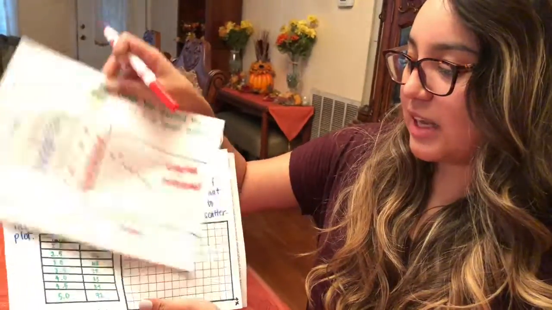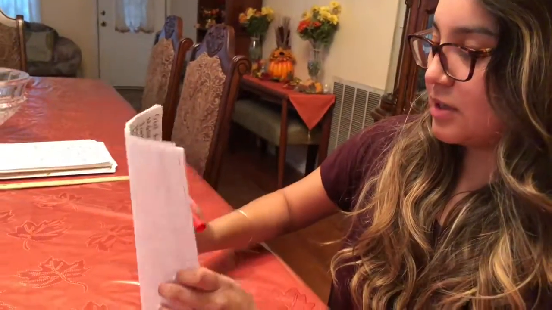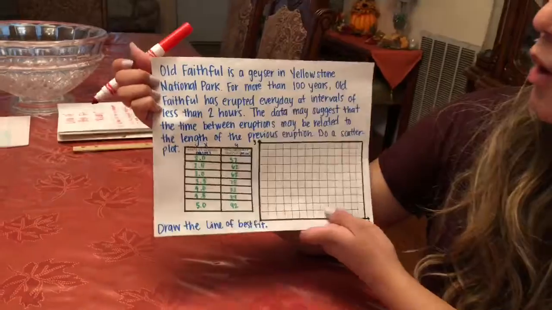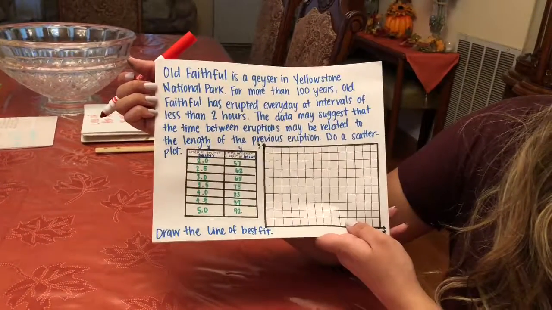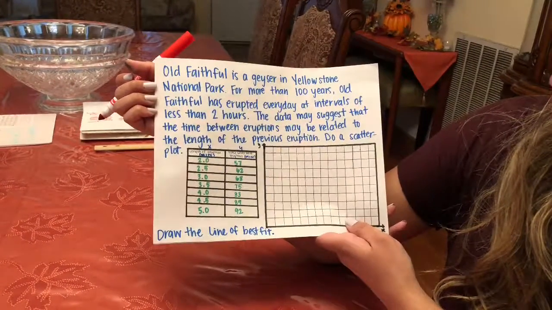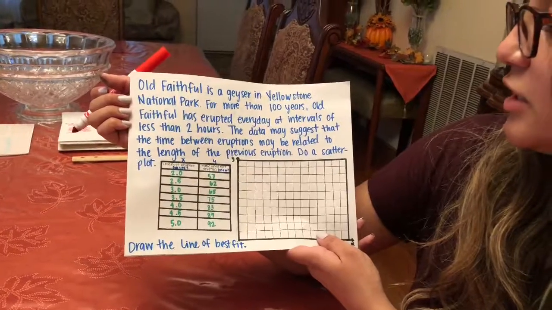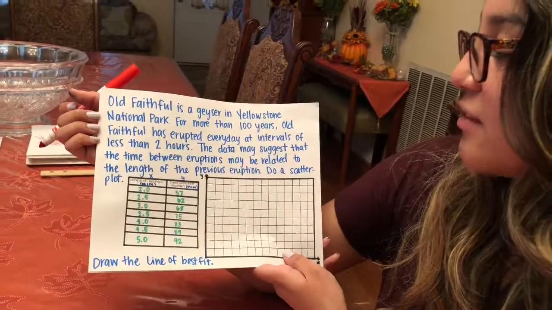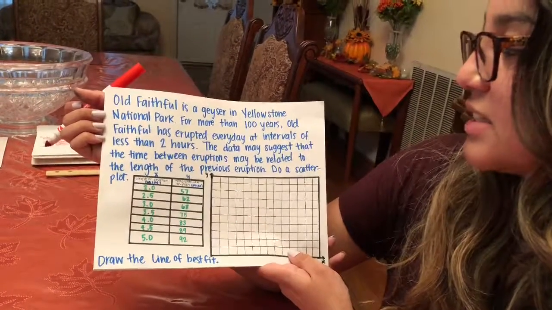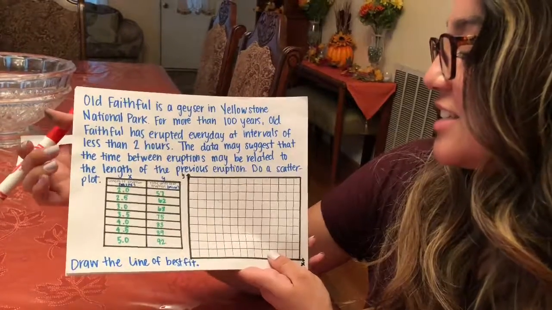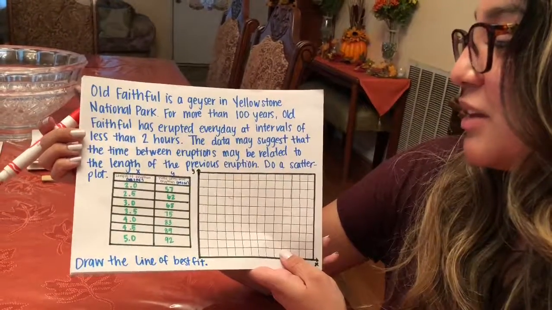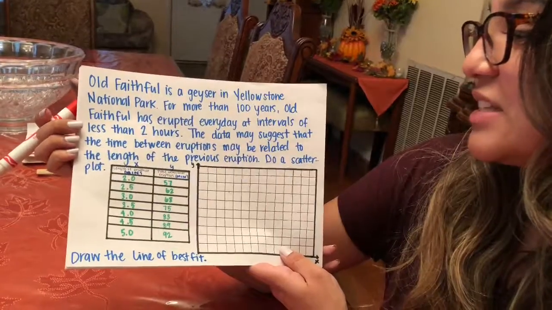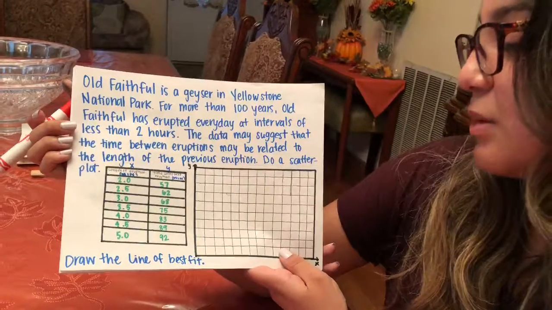So now let's take a look at another example. Old Faithful is a geyser in Yellowstone National Park. For more than 100 years, Old Faithful has erupted every day at intervals of less than 2 hours. The data may suggest that the time between eruptions may be related to the length of the previous eruption.